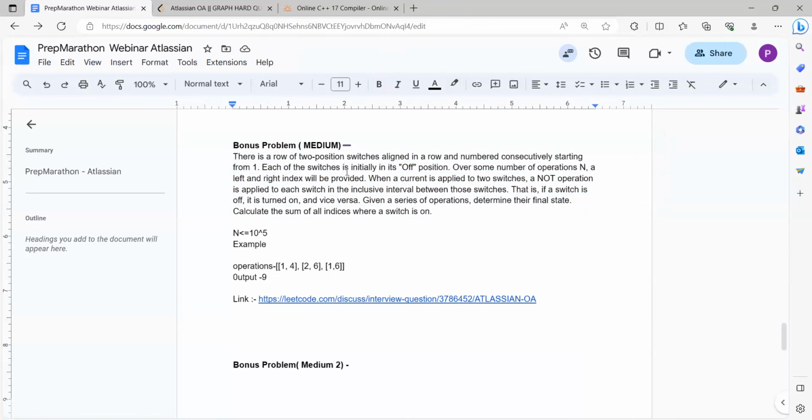So try to figure out that underlying problem. Once you are able to figure it out, it becomes really easy. Here, more than the problem, the concept used for solving it is very important. That's why I'm focusing more on this problem.